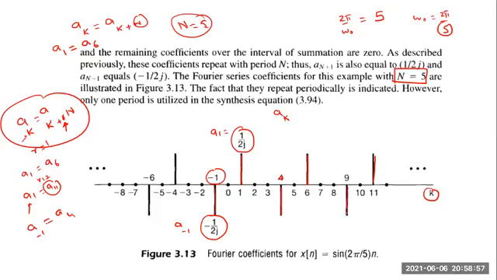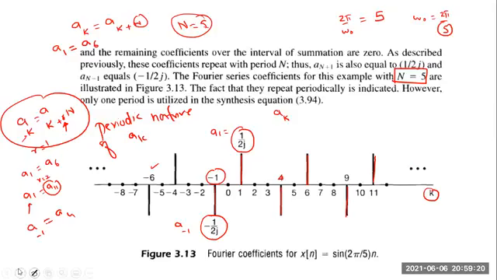And then it is repeating at 9. Similarly, on the left hand side, you can also see that a minus 1 is also going to repeat itself at minus 6. So this is what I was talking about, the periodicity which is shown only by Fourier coefficients of discrete time Fourier series.